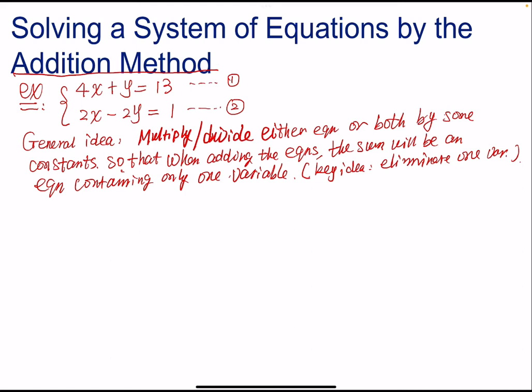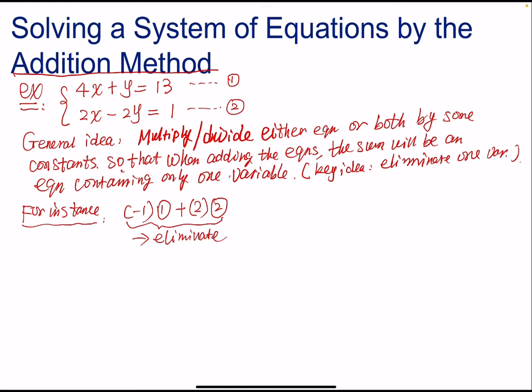So for instance, if I multiply -1 to equation 1 and then add it to 2 multiplied to equation 2, this will allow me to eliminate x. Okay, so that's one way to do it.